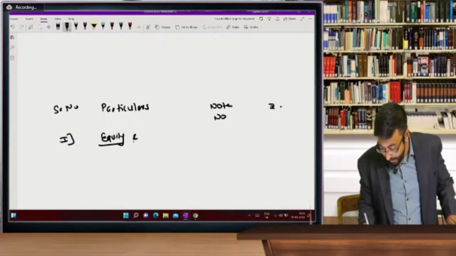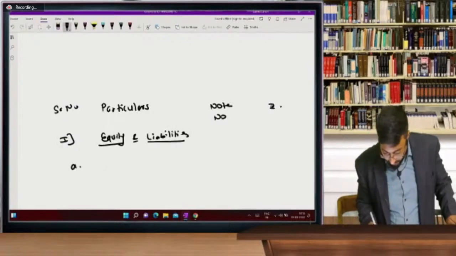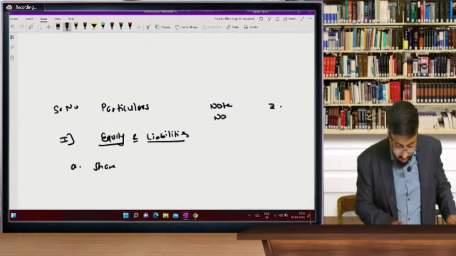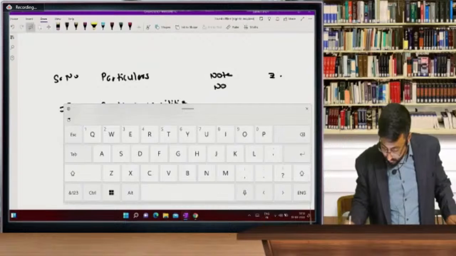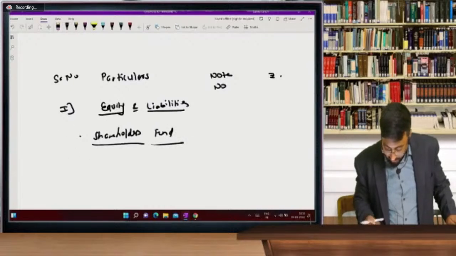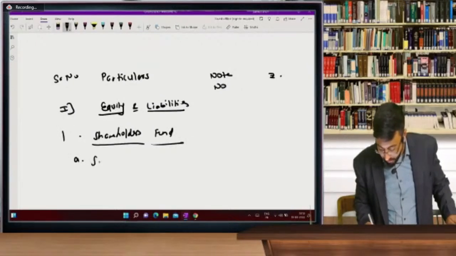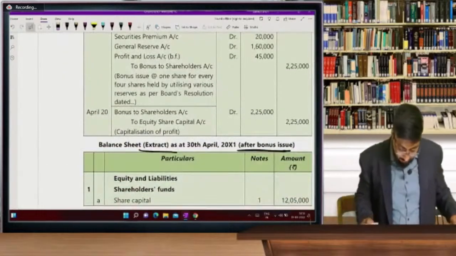Equity and liabilities. A. Shareholders fund. This is 1. A, share capital. B, reserves and surplus. You already updated this balance sheet last time, beta.